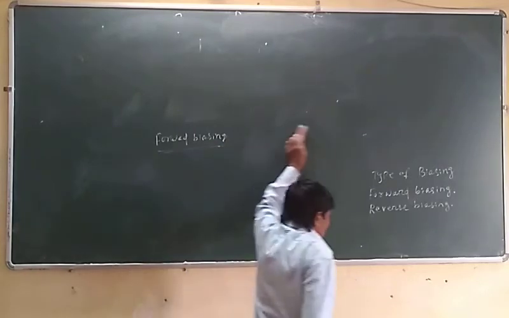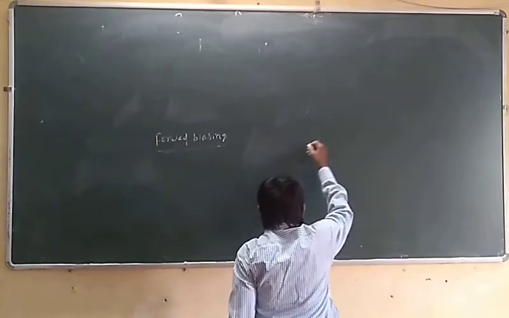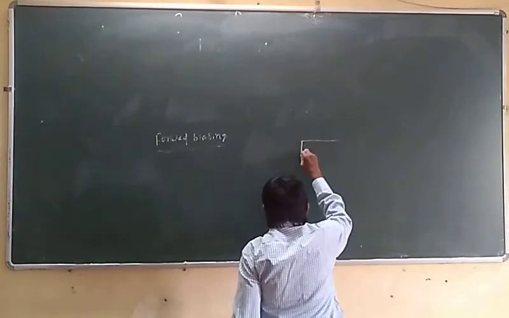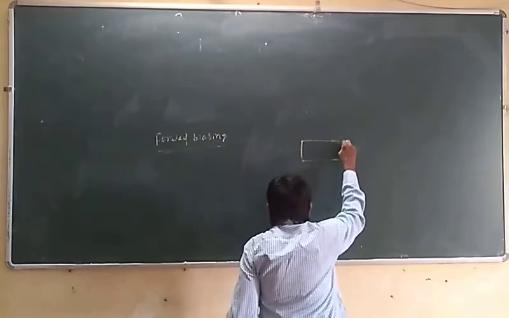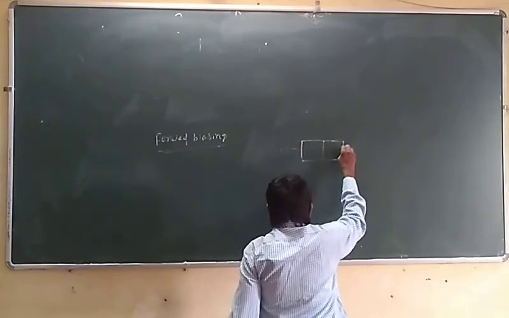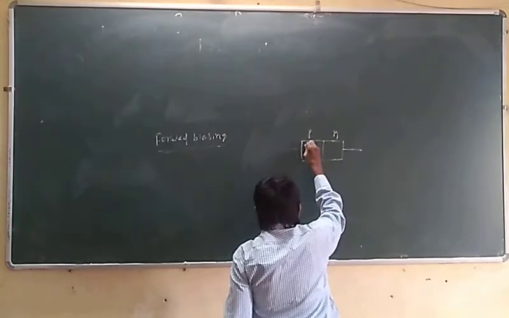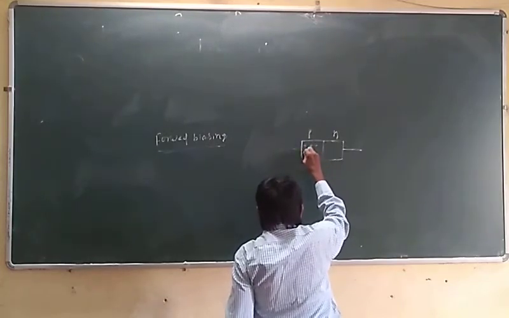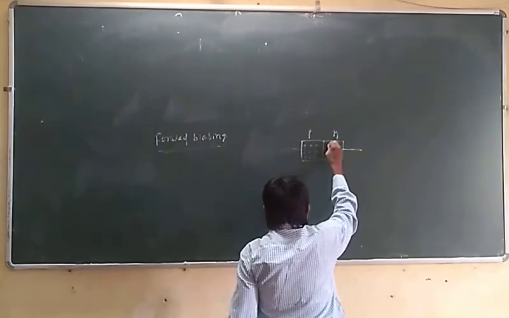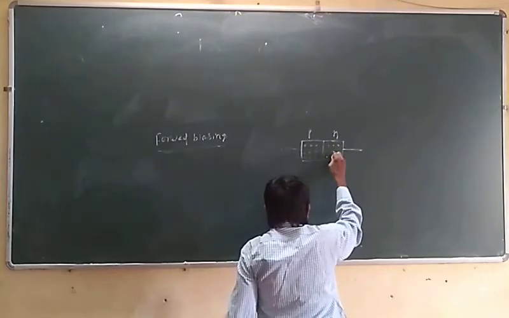Then we draw a diagram. We apply a supply across the junction. This is P, this is N. All these are holes, that is the positive charges, and these are electrons, that is the negative charges.